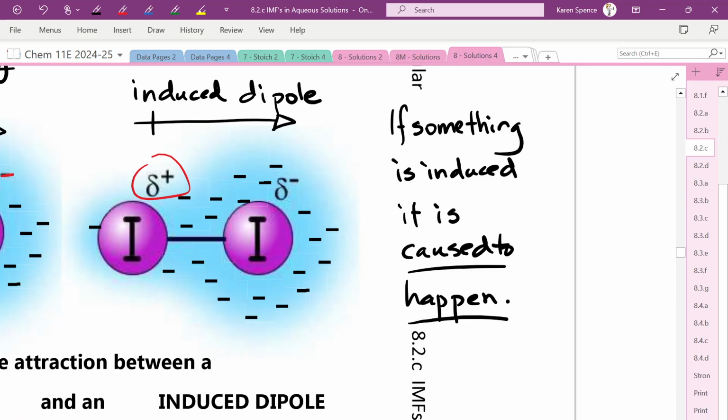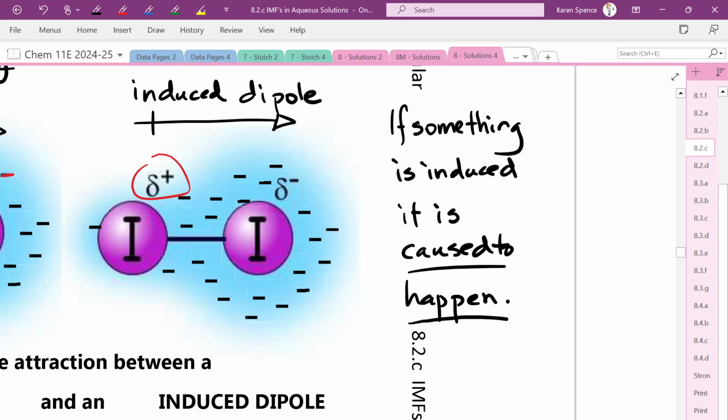You could also get an induced dipole. But of course, there's movement, and the electrons are moving, and the molecules are jiggling, and all this kind of stuff. So eventually everything's going to go back and just not be a dipole anymore, which is why these forces are usually one of the weakest kinds of forces.